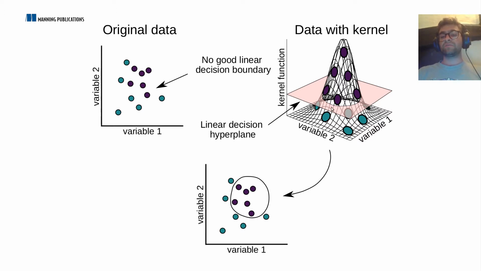And if we project this hyperplane onto this kernel function and take where it cuts this kernel function and project this back onto our original two-dimensional feature space, you can see that now we have a complex non-linear decision boundary that is able to separate our classes. And so I'm going to show you how we can train a support vector machine model in R.